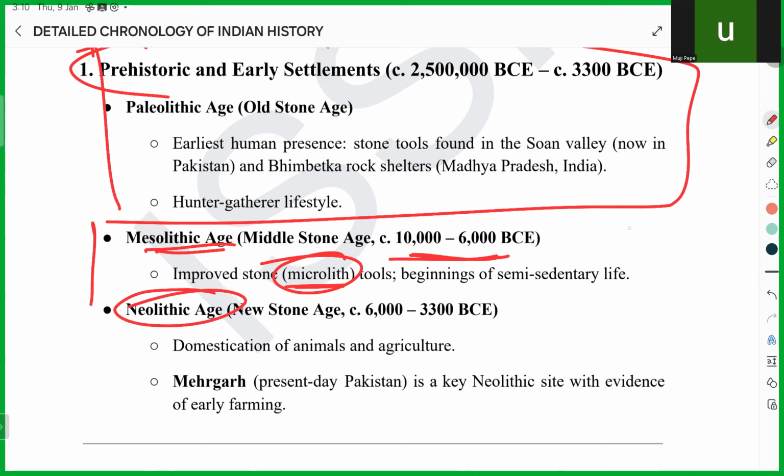So Mesolithic age is basically a transitionary period where the movement from one place to another was shortened. Earlier, what used to happen was they used to move from one place to another very frequently. Now people started staying at one place for a longer duration of time, but they still were moving from time to time.